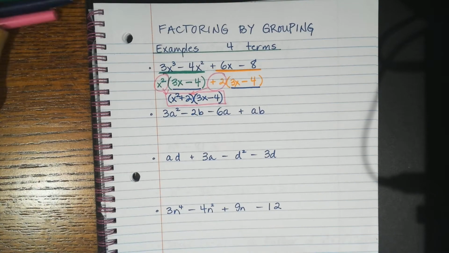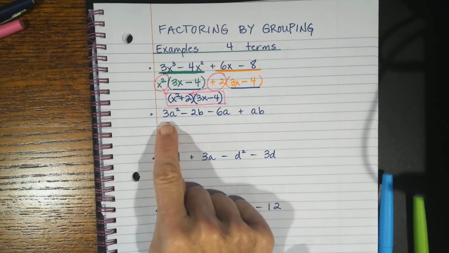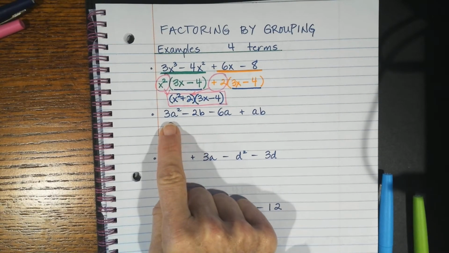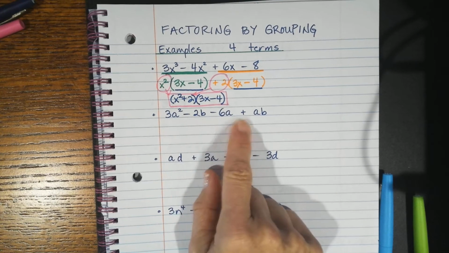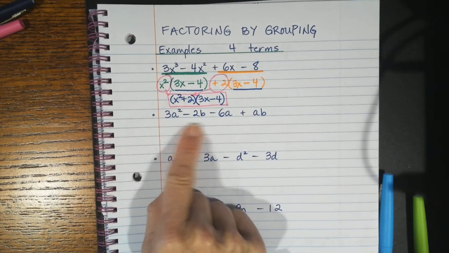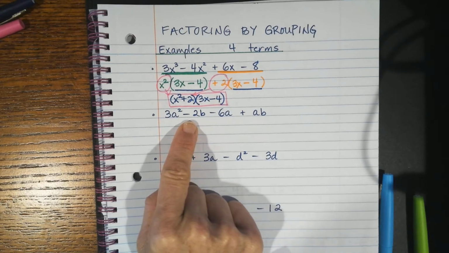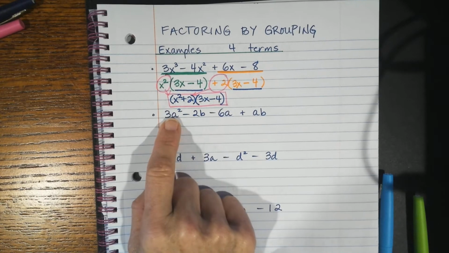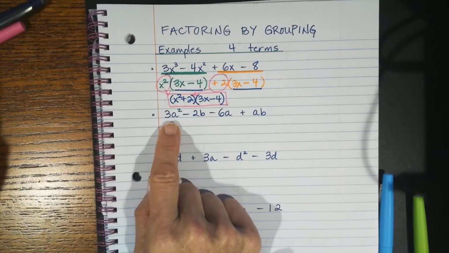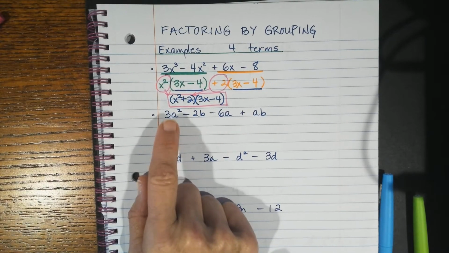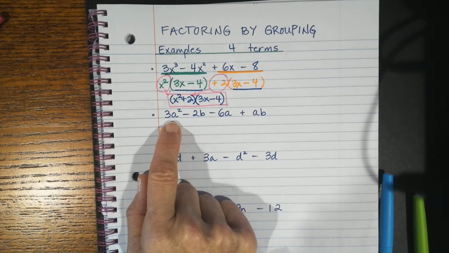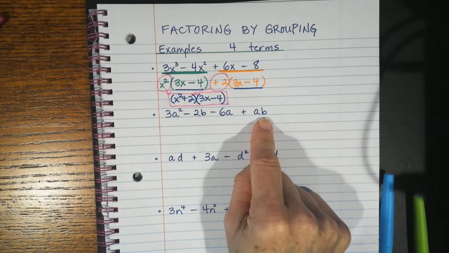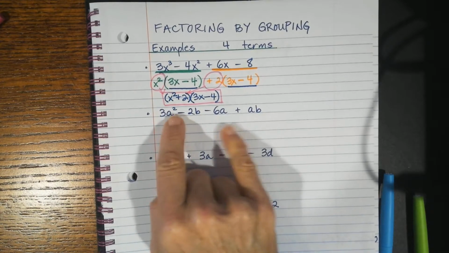So for this next example, I have 3a squared minus 2ab minus 6a plus ab. Now, when I look at these first 2 in order, they have nothing in common at all. So I'm going to have to rewrite this, okay? In other words, what else could I group the 3a squared with? Well, I could group it with 6a or ab because they both have an a in common.